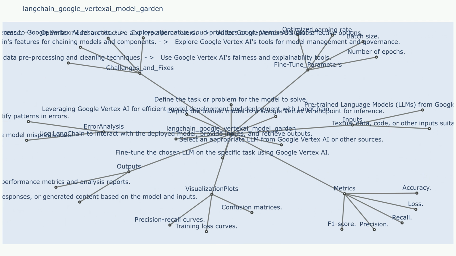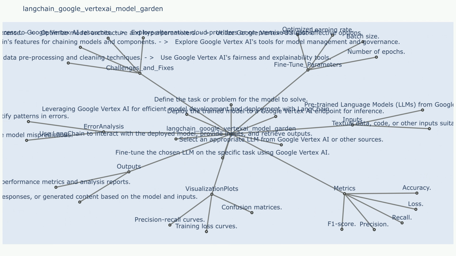Fine-tune parameters. Learning rate: the learning rate controls the step size during model optimization. A higher learning rate results in faster learning but can lead to instability, while a lower learning rate ensures stability but can lead to slower convergence. Batch size: the batch size specifies the number of training examples used in each update of a model's parameters.